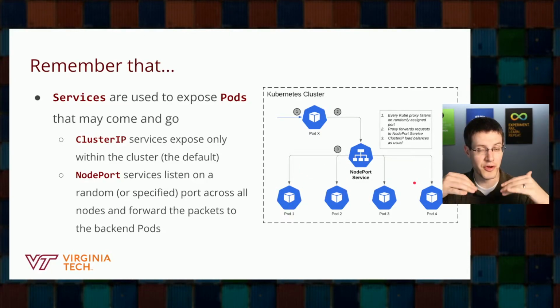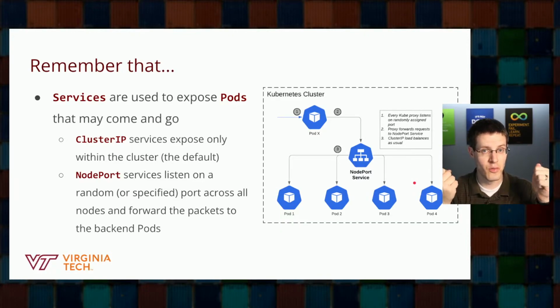And if you're running a multi-node cluster, if pods are running on node 4, but the request goes to node 1, it'll forward the request to the right node that is actually running the application. So to the outside, you don't have to know where in the cluster this application is running. You can just say, I'm going to send it to this port on this node, and I know that somehow, some way, it'll end up where it needs to be.